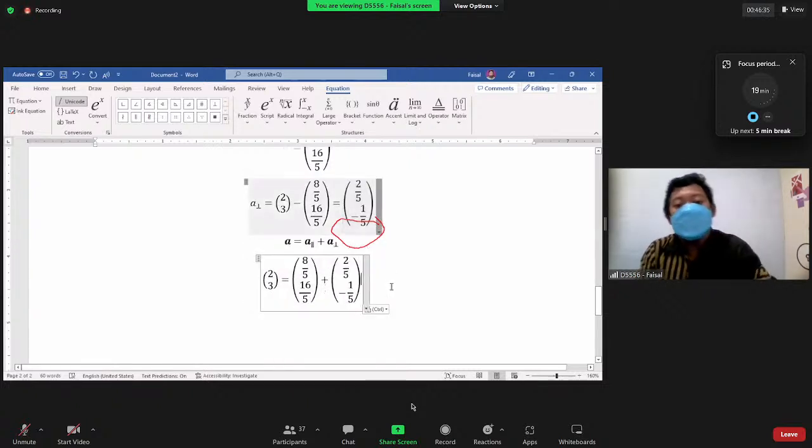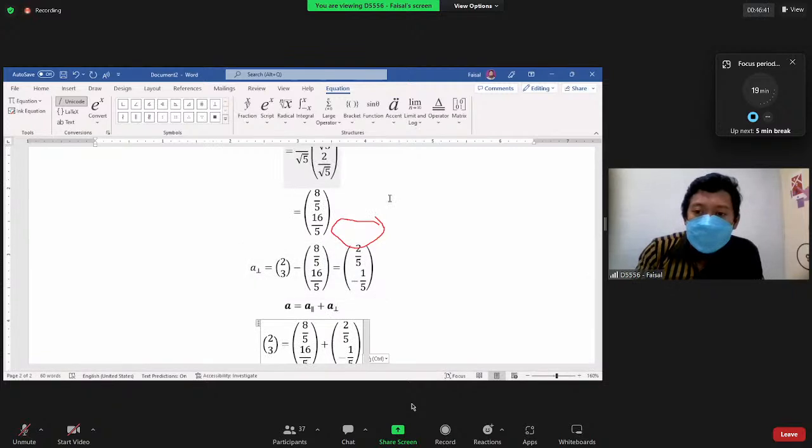So (2, 3) equals the projection plus the rejection. So this is the relation between A, the projection, and the rejection.